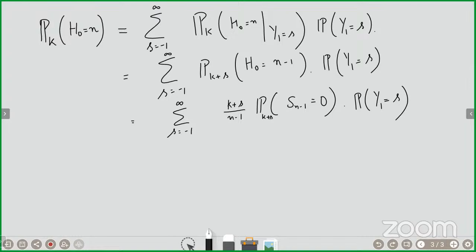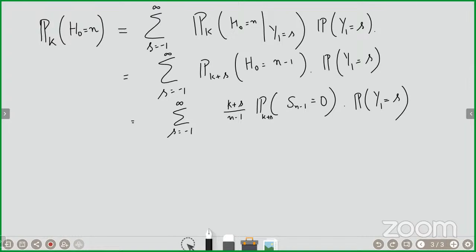So why is that true? Is the question clear? There is some care needed to write this formula, because if k plus s turns out to be negative, this is a meaningless answer.